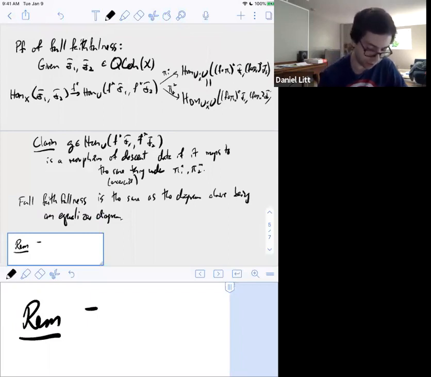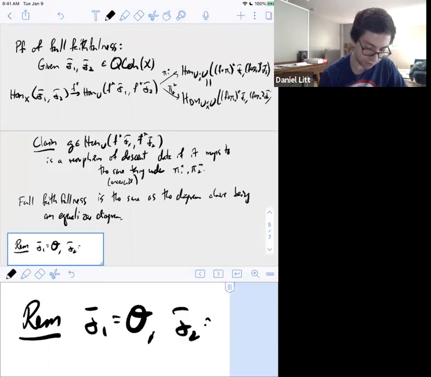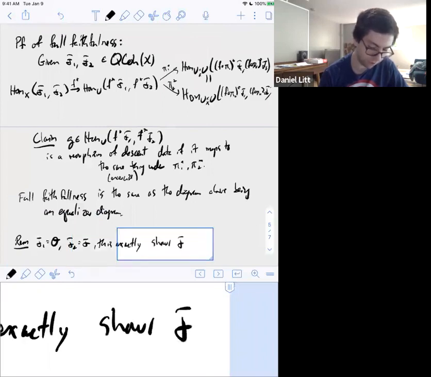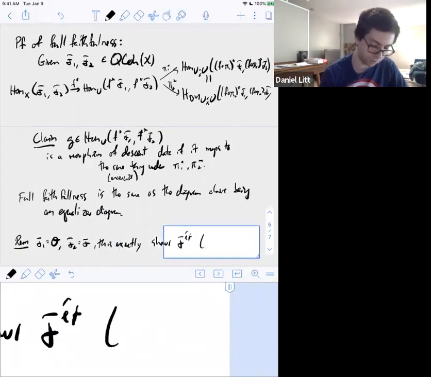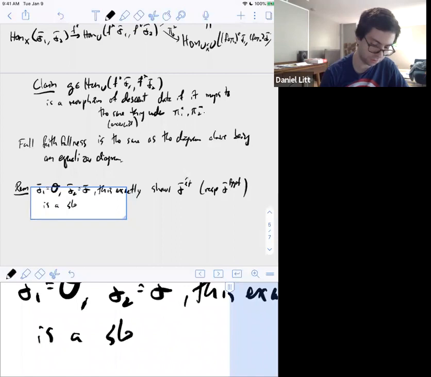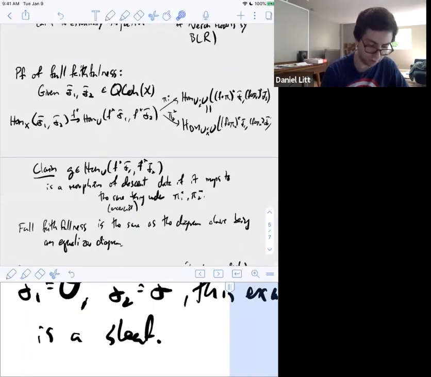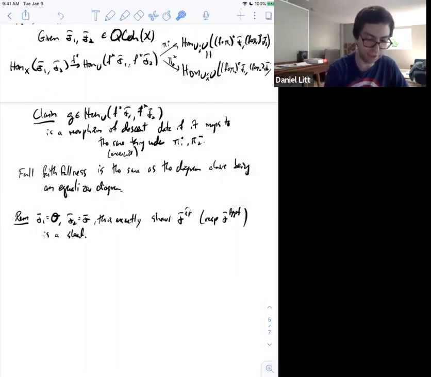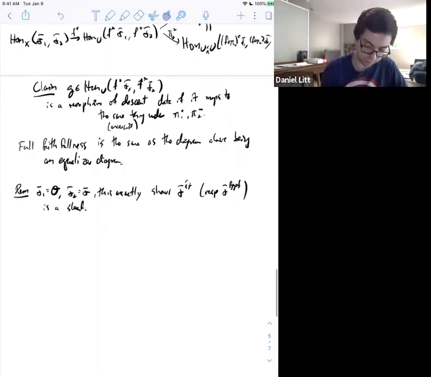If we take F1 to be O and F2 to be some sheaf F, this exactly shows that F Etale, or for example F fppf, this sheaf we got on the fppf site by just pulling back, is a sheaf. And why is that? Taking F1 to be O, we get global sections of F on X, global sections of F on U, and these are the two maps to the double intersections. Great. All right.